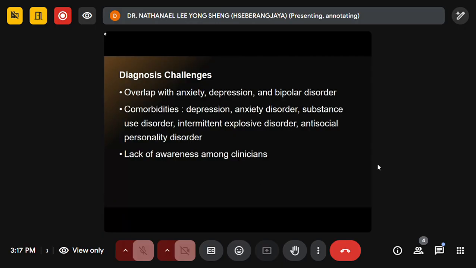Okay, so what are the diagnostic challenges? The challenge of diagnosing ADHD is that it always mimics other mental disorders. For example, anxiety disorder, depression, and also bipolar disorder. As we know, anxiety and depression always present with some concentration or attention issues, and they might have some psychomotor agitation as well.